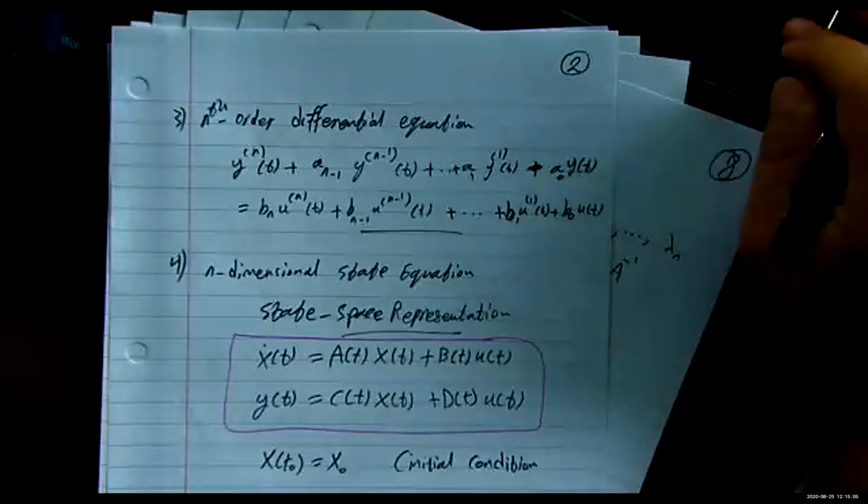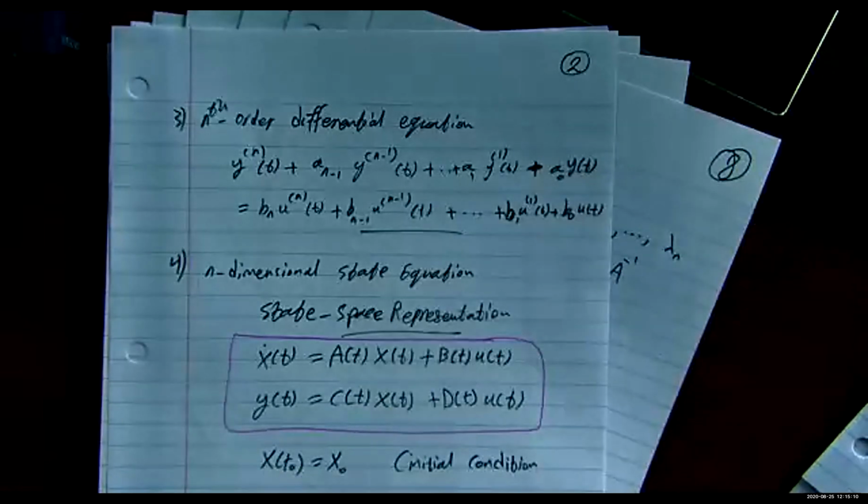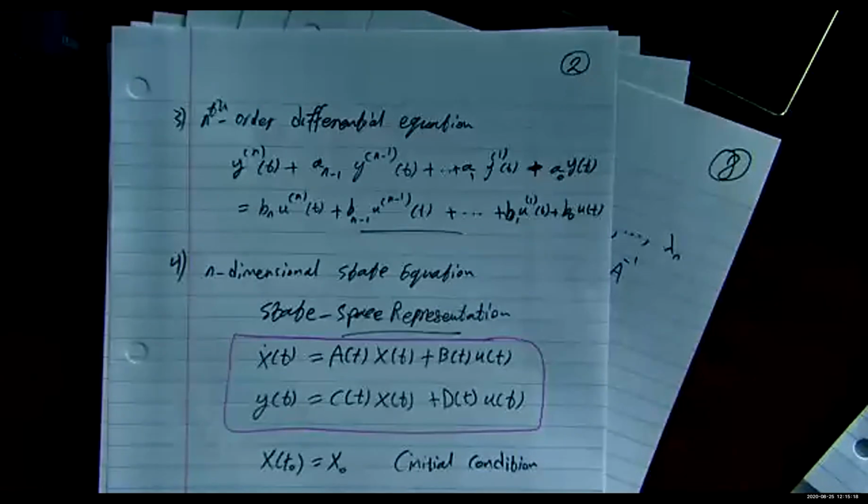So I was trying to think of a correlation between the matrix representation and the differential equation representation. I'm not quite sure how the example should pan out, but I was thinking about it.